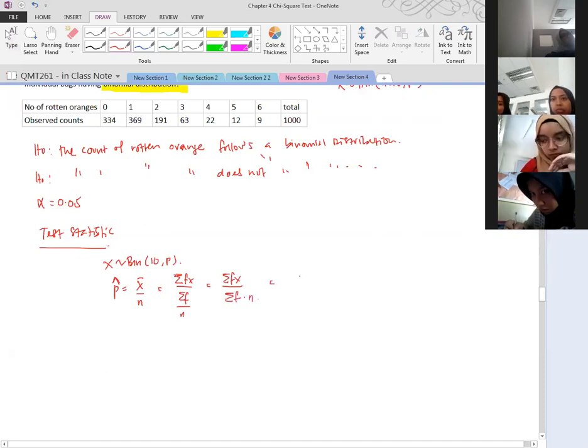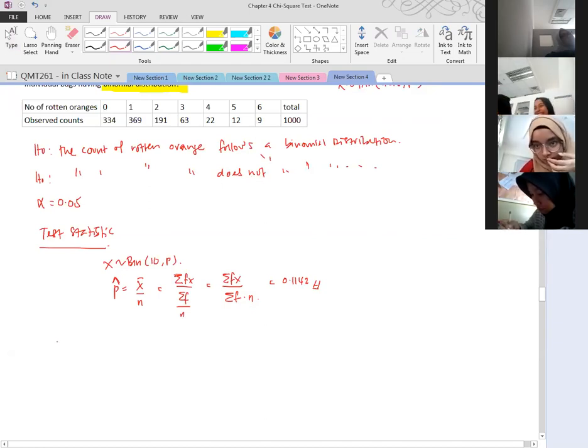You need to calculate this by yourself. F is 334 multiplied with 0, 369 multiplied with 1, and so on, and the total divided by this should be equal to 0.1142, right?